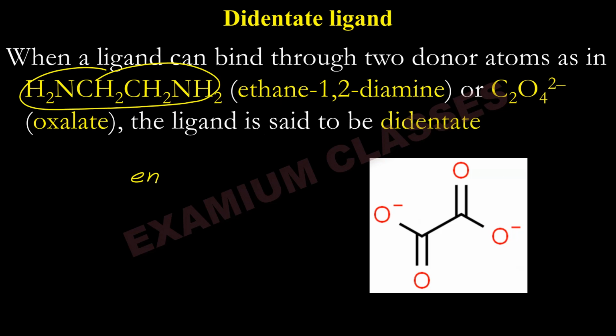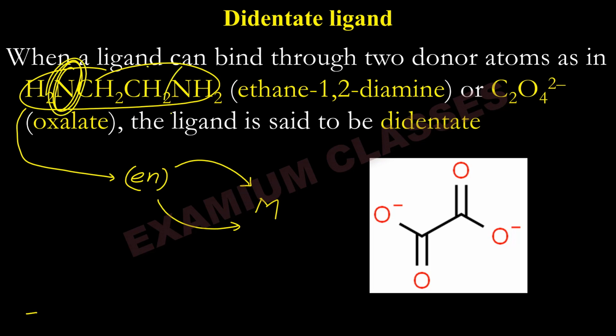Normally you will get it written in brackets as EN. So it is a very short form. Okay. So if I am using ethane 1,2-diamine as one of the ligands, then it will have 2 coordinate bonds connected to the central metal atom, right? Because you will have 1 nitrogen here, another nitrogen here. Both will donate the electrons, lone pairs.